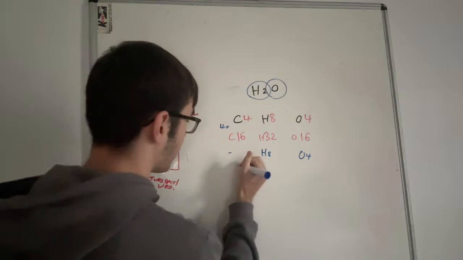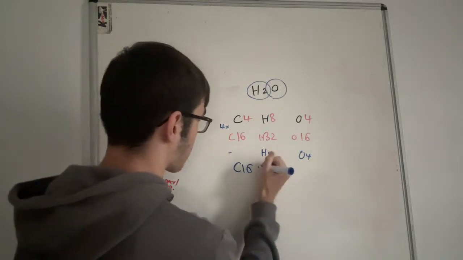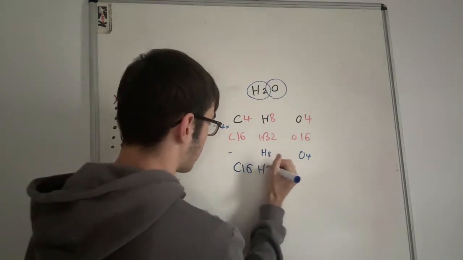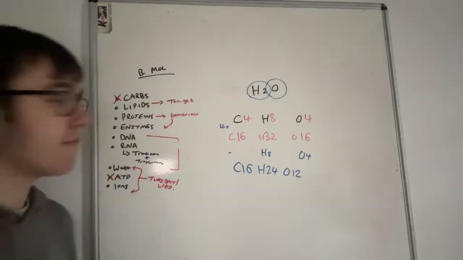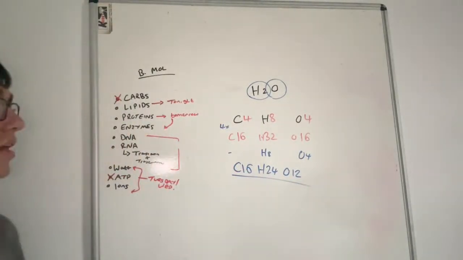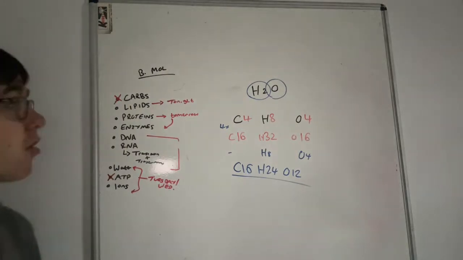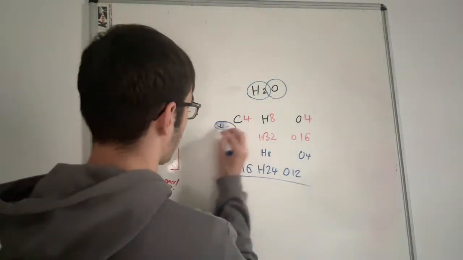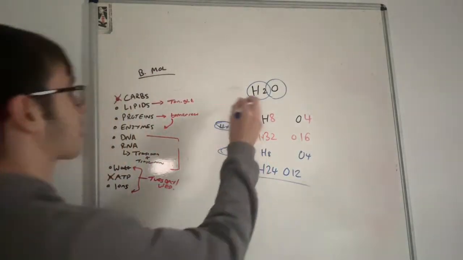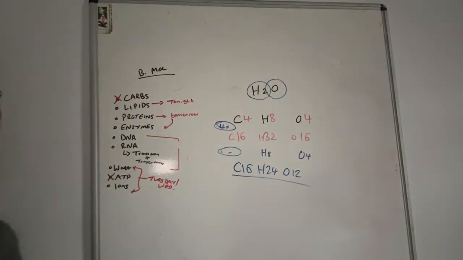So what we actually get left with is C16 H24 O12. And that is the molecule that we'd be left with. There are so many questions that you could get asked where it'll ask you to do that basic equation that people will get wrong, because all they'll do is multiply it by 4 and forget to take away the H2O. Always take it away.